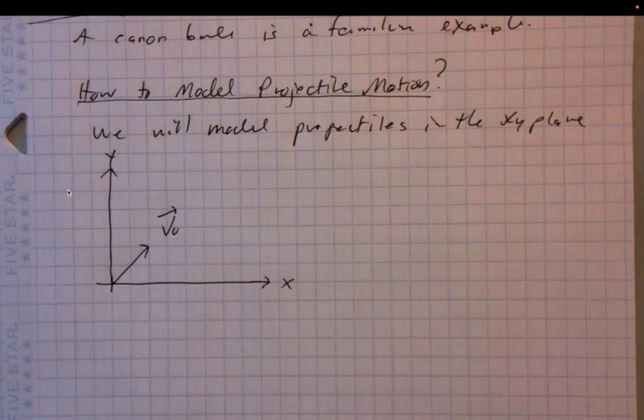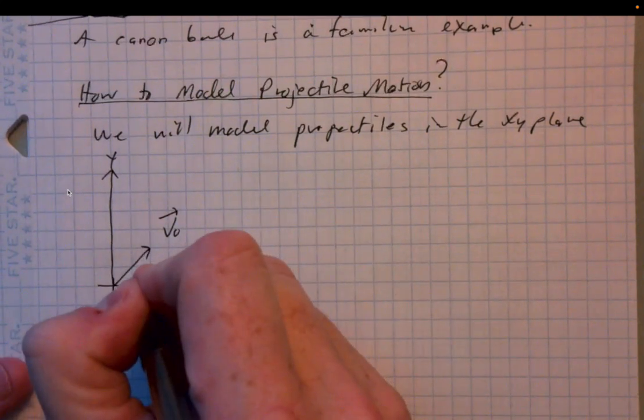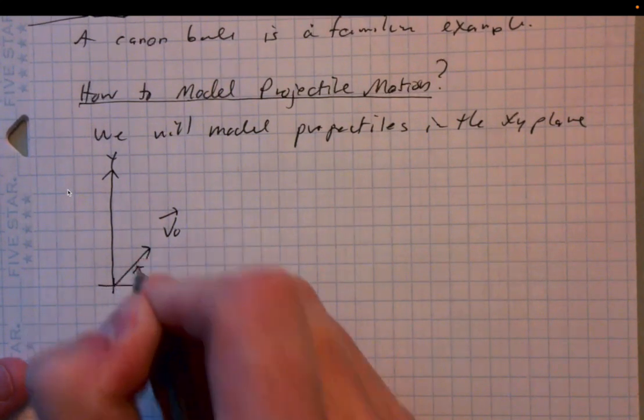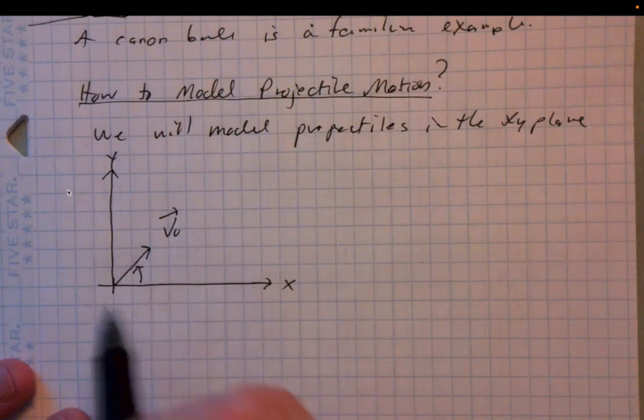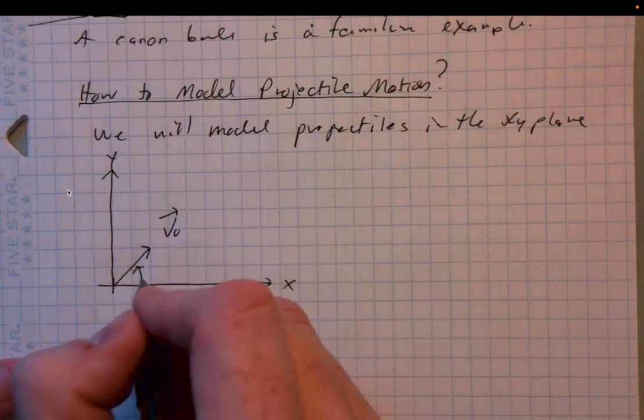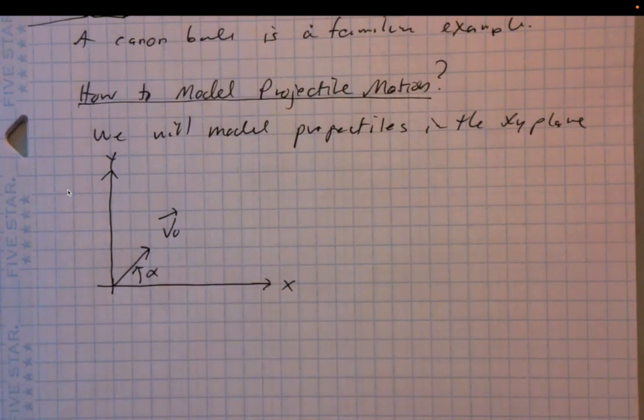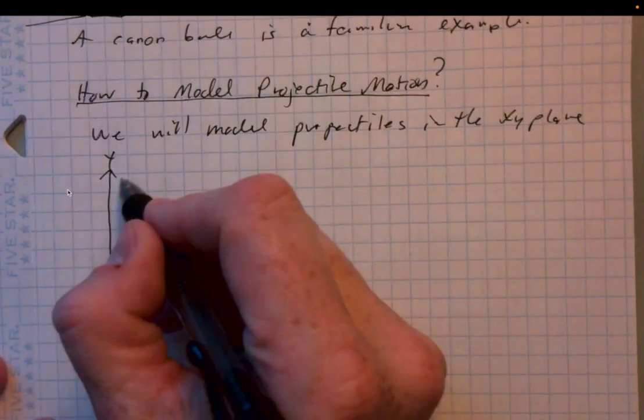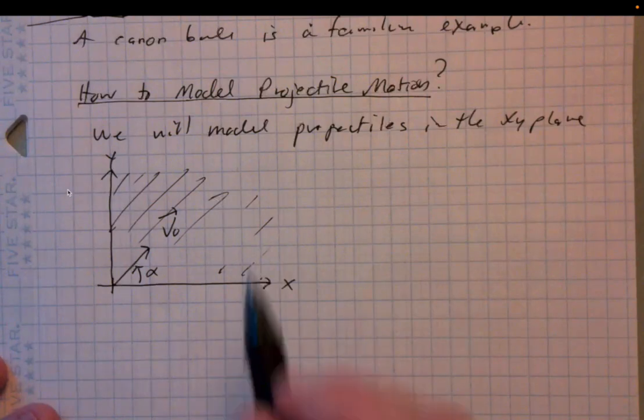And we'll indicate that the initial velocity is directed in a direction that is alpha degrees off of the positive x-axis. So you can think of all of the projectile motion as operating within this plane.